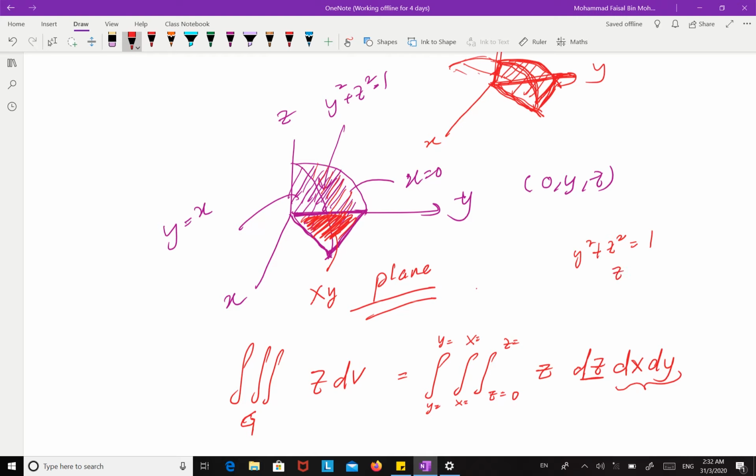So your z should be plus or minus the square root of 1 minus y squared. But they gave you first octant in the question, so you have to choose the positive one, which means the upper bound is square root of 1 minus y squared.